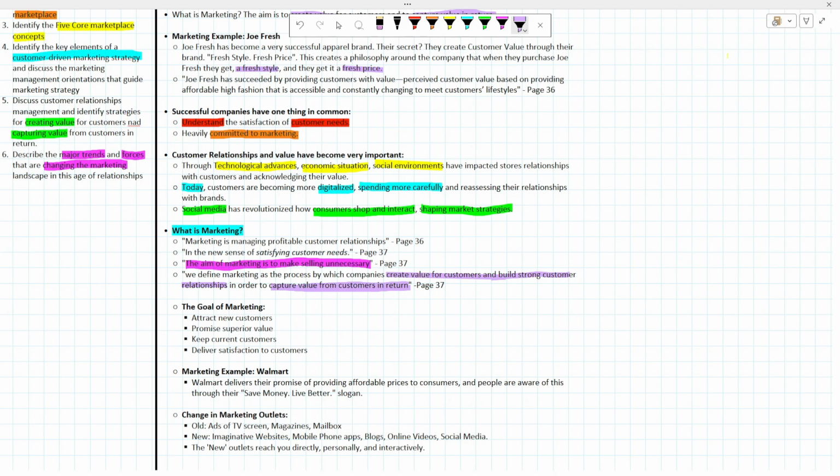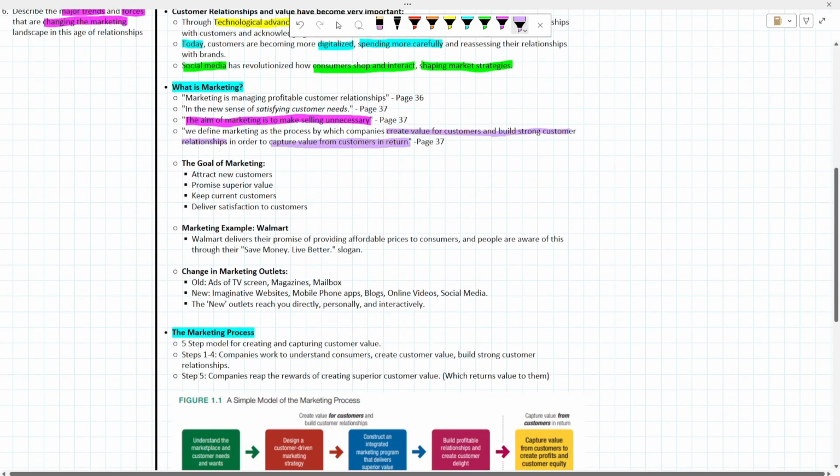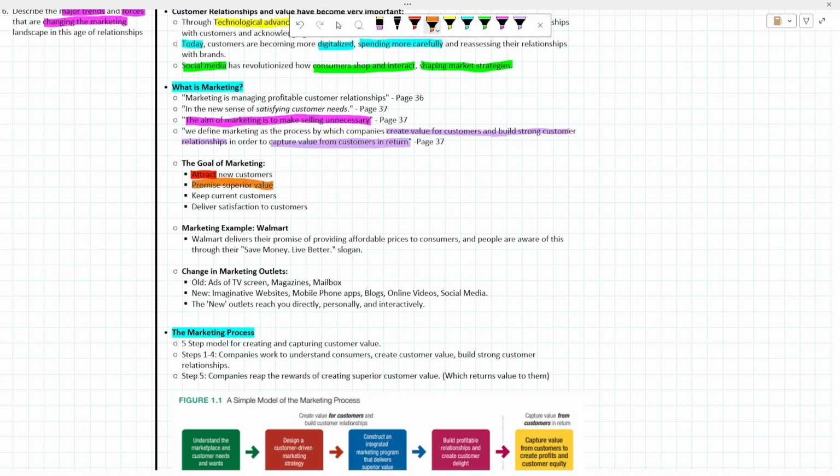So it's more of an I help you, you help me type of scenario when it comes to marketing. So the goal of marketing is to attract new customers, promise superior value over other competitors, keep current customers, and deliver satisfaction to customers.